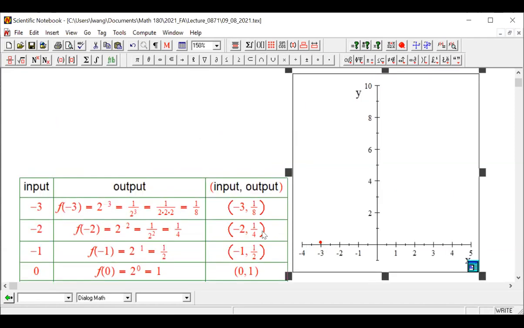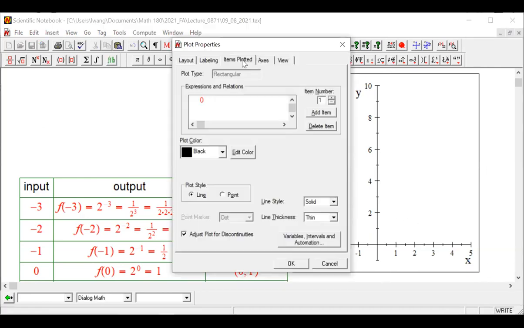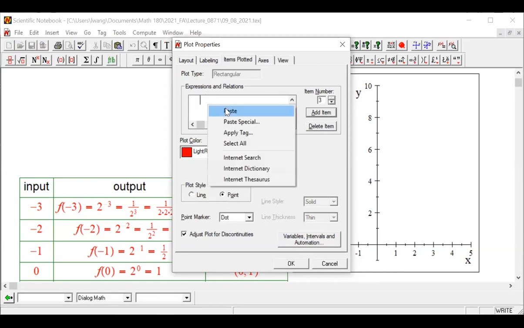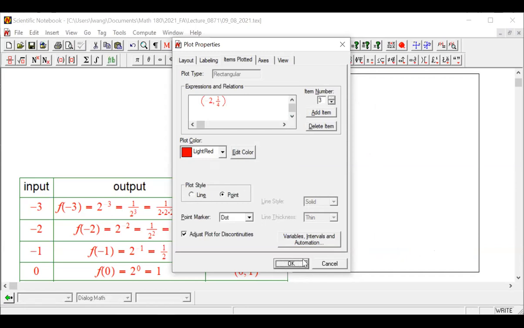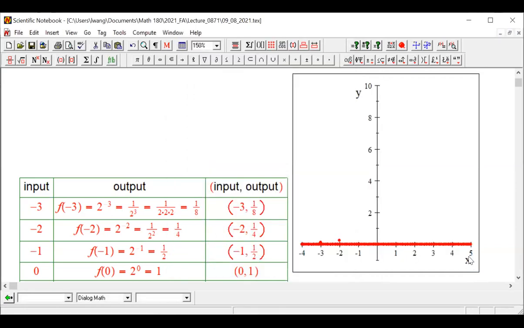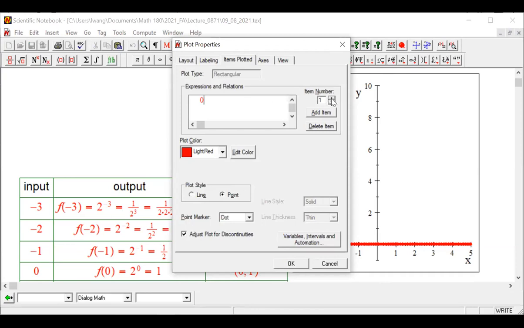Okay. The second point. Whoops, what did I do? I'm making the wrong choice. White, red. I have all these points.